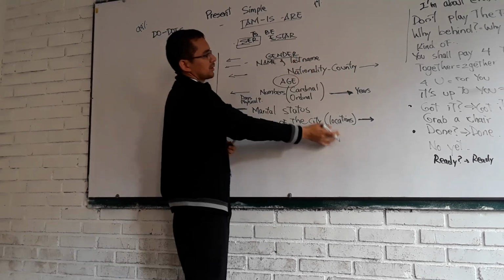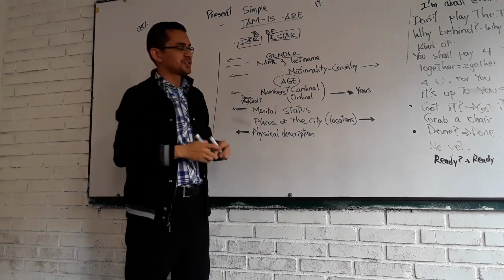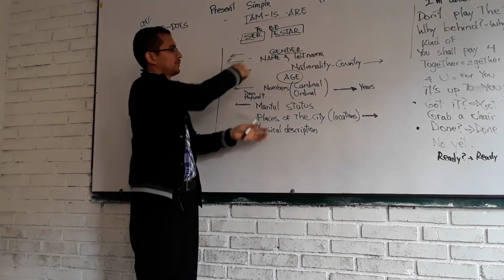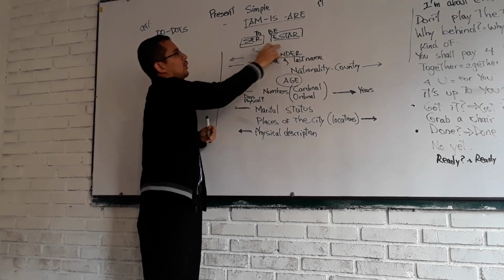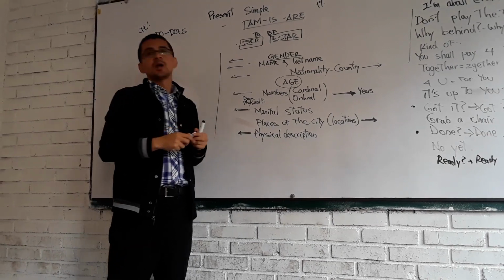That's it. And we talk about this, we are making reference to estar, okay? All the time. When we talk about this topic, we are making reference to this. And all these topics, all these words are called verb to be. For Spanish speakers is ser or estar, okay?